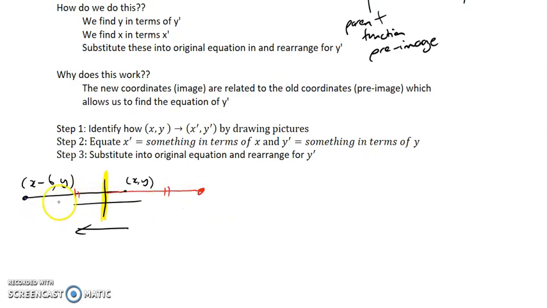So we reflect across the y-axis, and what's happened to the coordinates now? It is the negative of the x minus 6. So negative x minus 6, and the y value has stayed the same. Okay, can we see how the yellow thing is the mirror? This point here reflected would be this point here, so the same distance across.